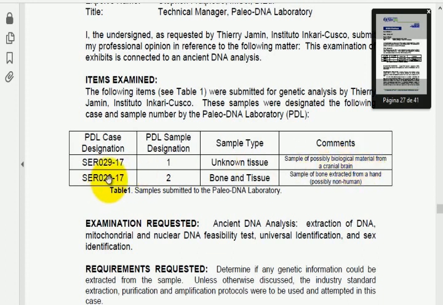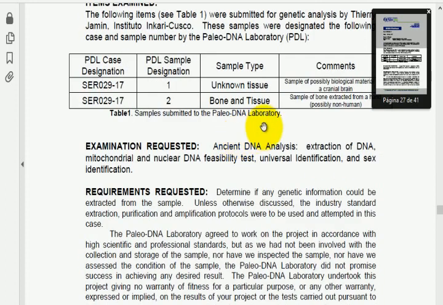And the second sample is bone and tissue, a sample of bone extracted from a hand, possibly non-human. This is a final report of a very good quality laboratory from a real Canadian university.